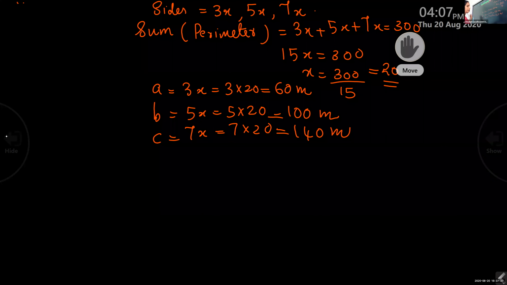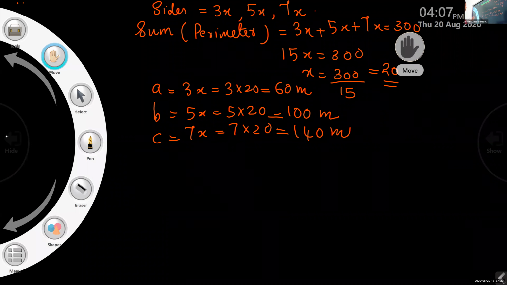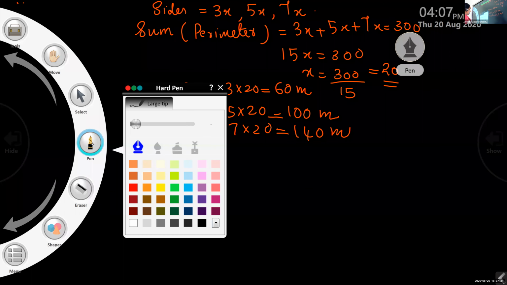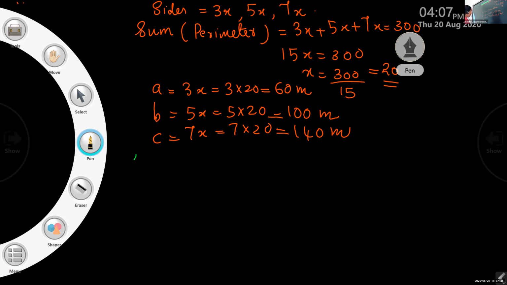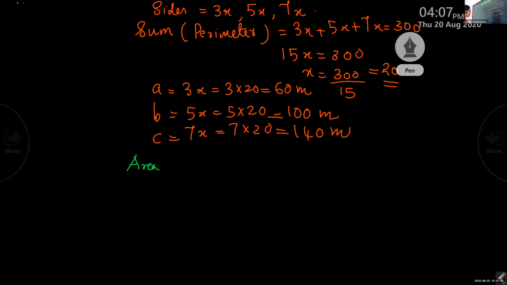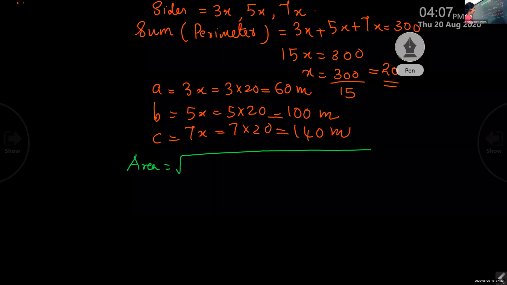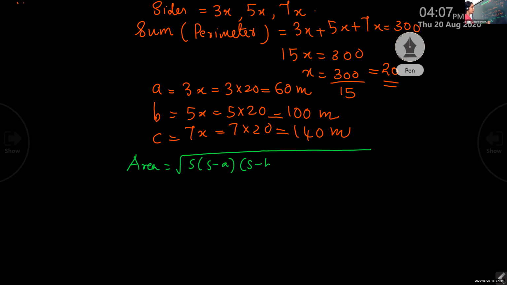Now you can continue with our Heron's formula. Area is root of s into s minus a into s minus b into s minus c. And perimeter by 2 is s.